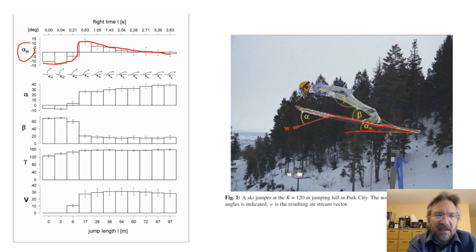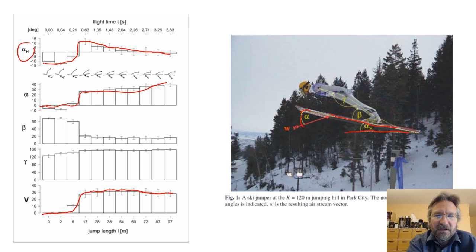Now this other angle alpha here, which is the angle of the wind, at first is essentially 0, so you're going in the same direction as the wind, and then eventually that angle goes up when you're flying off. Another one is the velocity. At first you start very slow, and then you go to like 30 or almost 40 meters per second, which is close to 100 kilometers an hour, and that's the velocity when you're flying.